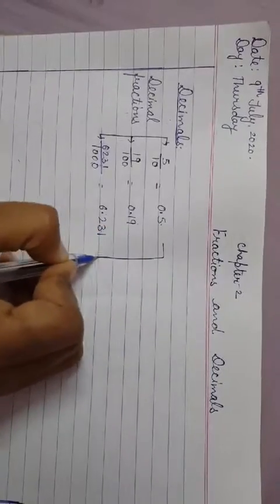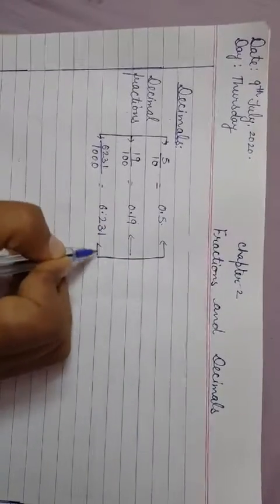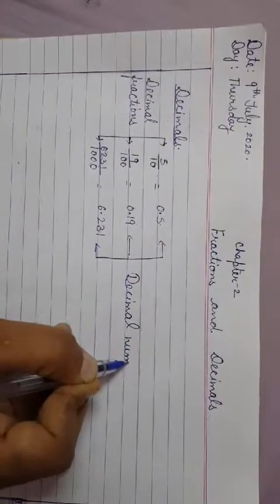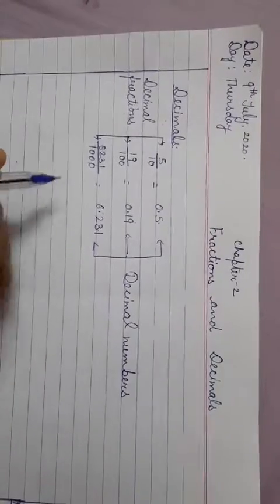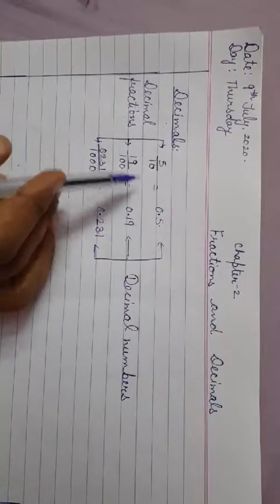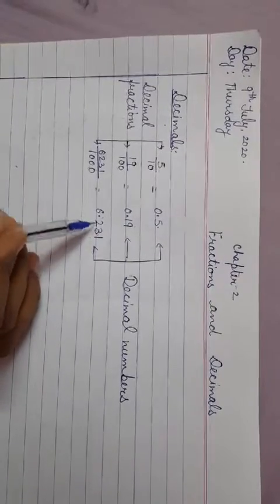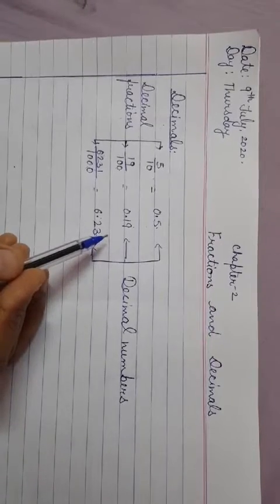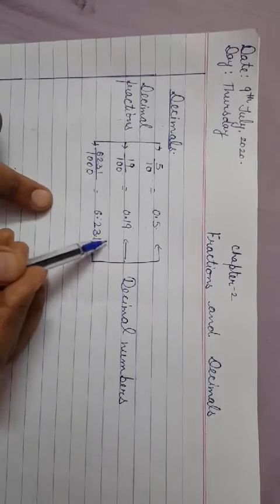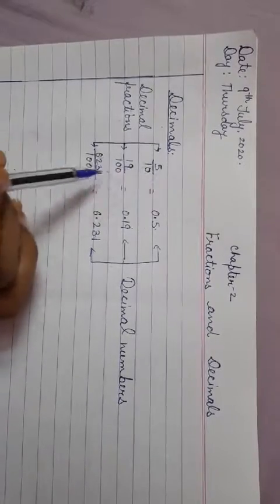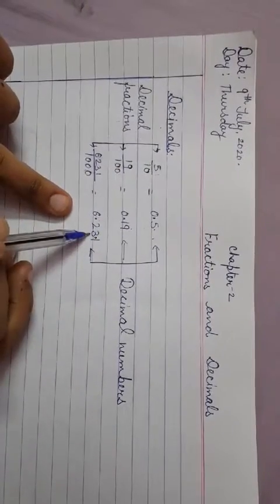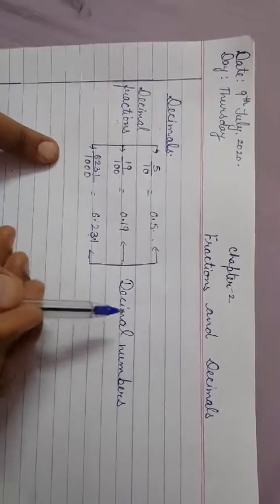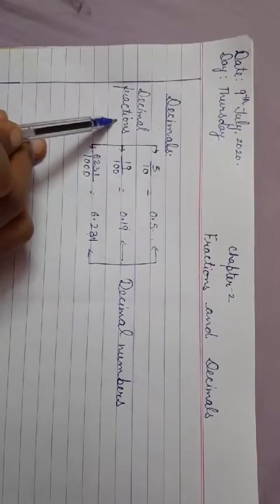So these three numbers are decimal numbers. Okay. Means decimal fractions can be written in the form of decimal numbers. As I have told you, this is another way to show the part of a whole, and fractions are also represented by the part of a whole. Means these fractions are converted into these decimal numbers. Means fractions can be converted into decimal numbers and decimal numbers can also be converted into fractions.